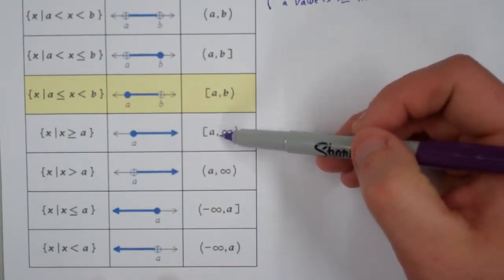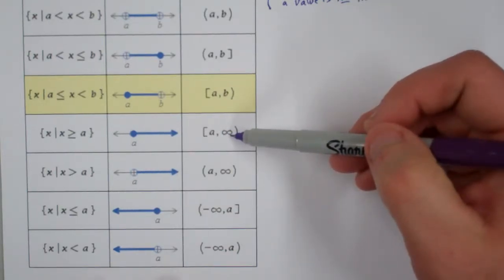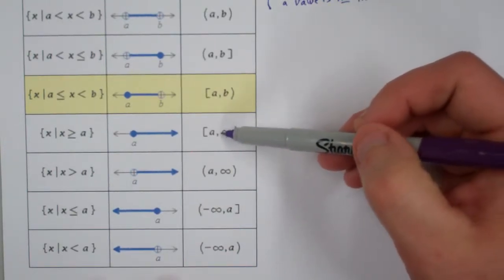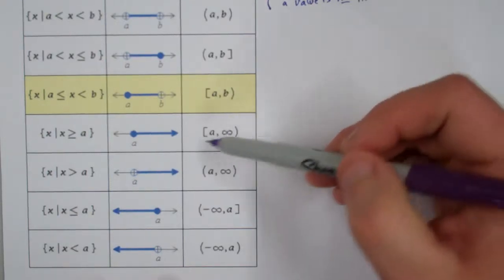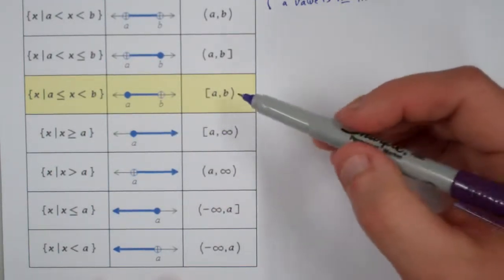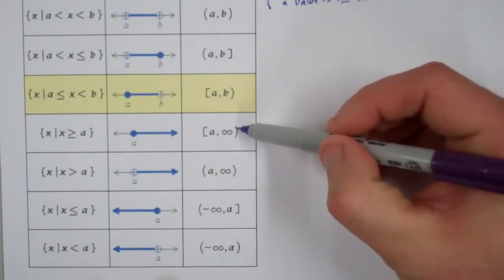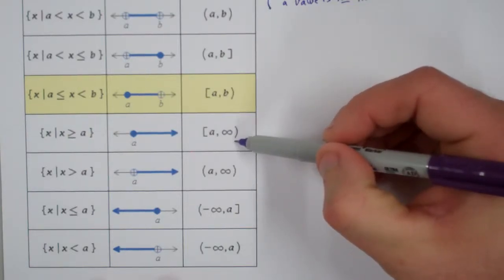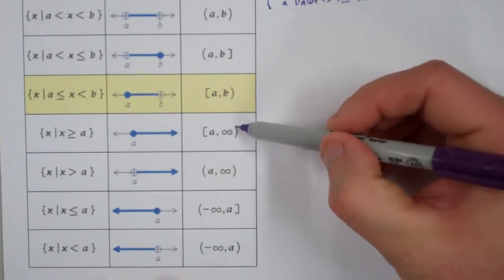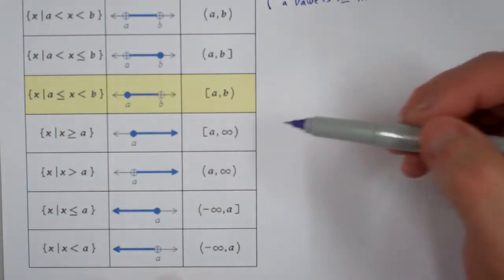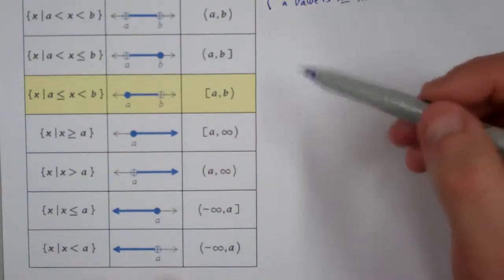Some people will put the plus sign here, most do not, and I don't require the plus sign to be here. If it's just infinity, we know it's positive infinity. We always use a parenthesis for infinity. It's just a concept, it's not really a number, so we always use a parenthesis.